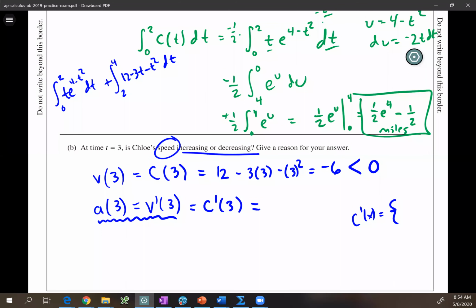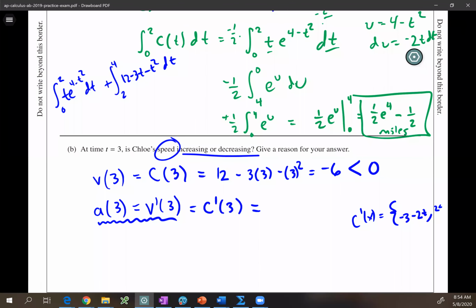So the negative 3t goes to negative 3, minus 2t, right? That's between 2 less than t less than 4, I think. And we don't have to do the top. If you want to do the top, you can, but we don't have to because we know we're going in this bottom part. So negative 3 minus 2 times 3 gives us negative 9, which is also less than 0.